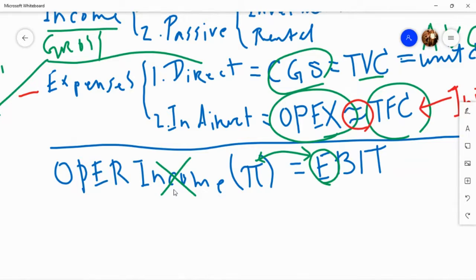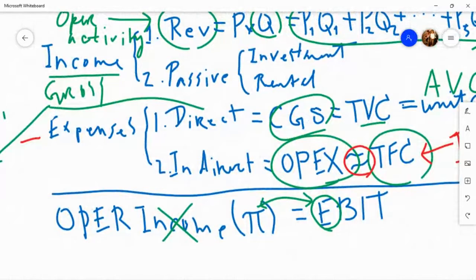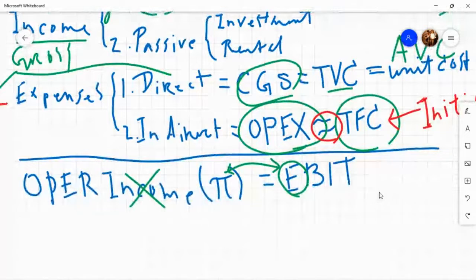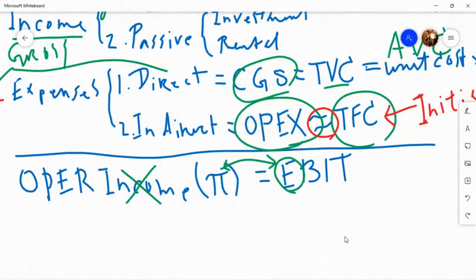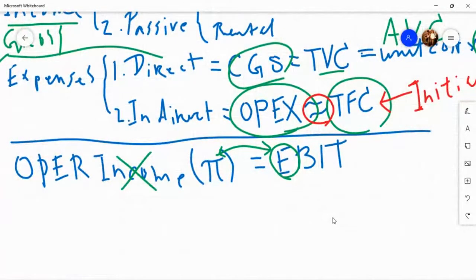Can we replace that with the term profit here? No way. It cannot be replaced by the term profit, because that's gross income. Therefore, repeating the term income is not right.